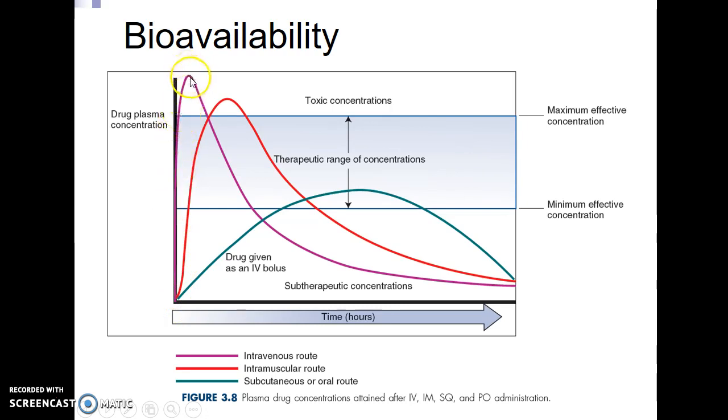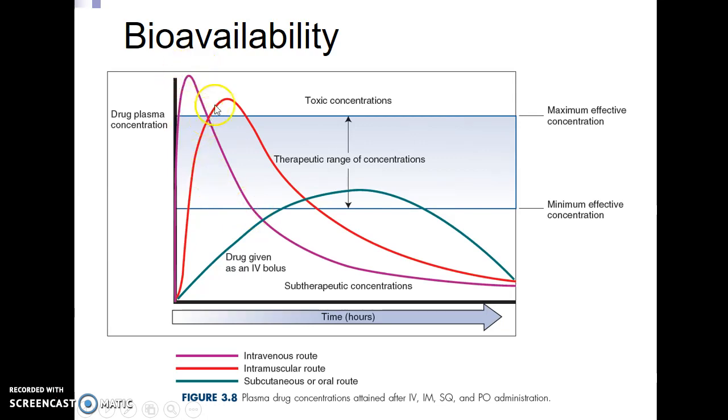It doesn't stay here for very long. It starts to be cleared pretty fast, and the total amount of time it spends in the therapeutic range, so the therapeutic range is between here and here on the concentration level, and this is the time that it spends there. It doesn't stay there for very long.